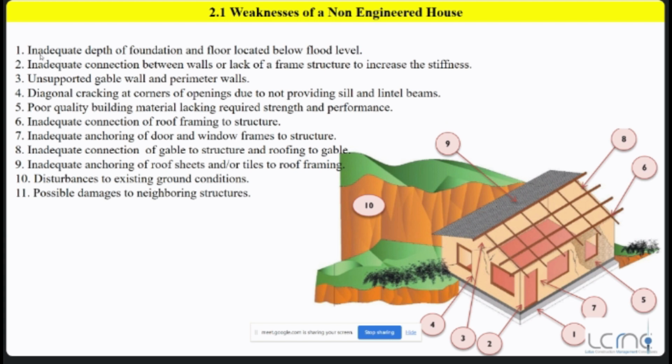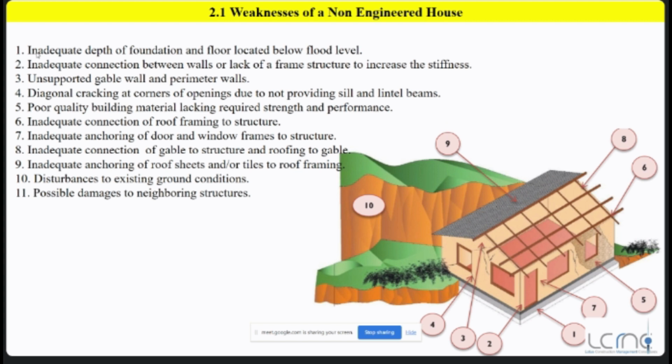Okay. Number 4, diagonal cracks at corners of openings due to not providing sill and lintel beams. Always I'm telling this, and I'm doing inspections related to this. Definitely you need to have lintels for bearing the upper portion on top of the window or door. But the sill beams are for avoiding the diagonal cracks forming at the corners of the window opening.